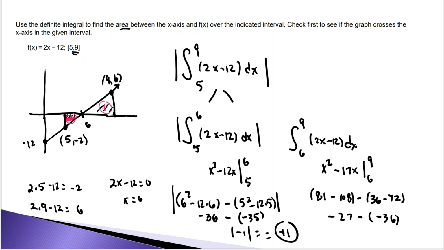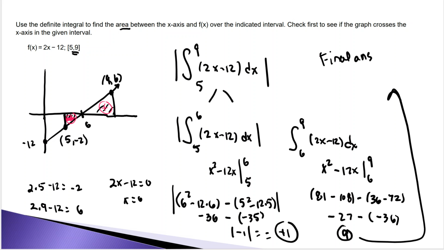And let's see, 36 minus 27, not trusting myself, is a 9. And so my final answer will be 9 plus 1, which is 10 square units.